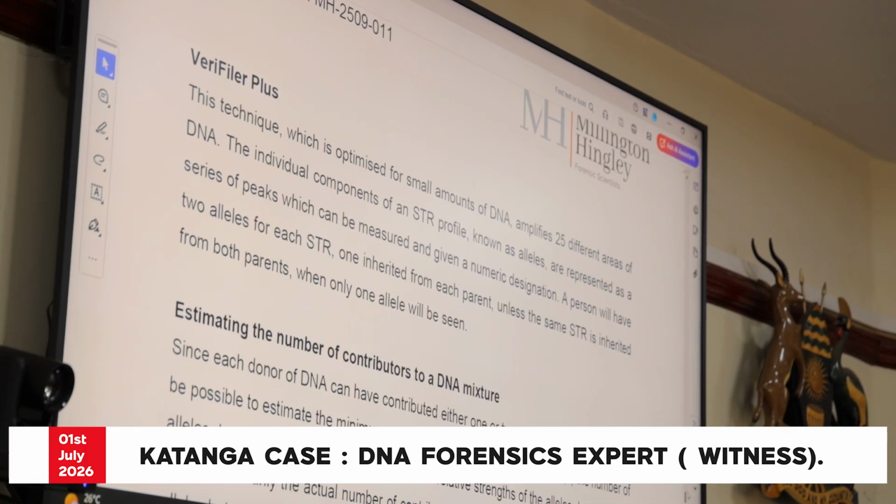Okay, maybe just take us through Verifiler Plus, and then I'll ask you a few questions just to make it clear for all of us. So the technique used here in Uganda is Verifiler Plus.